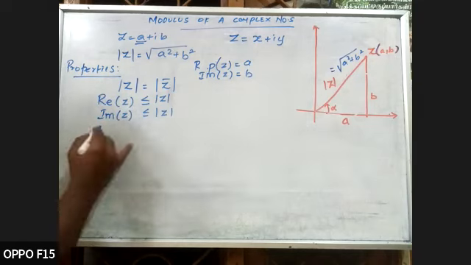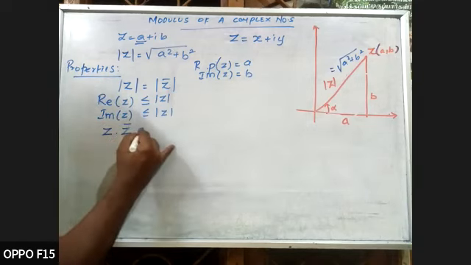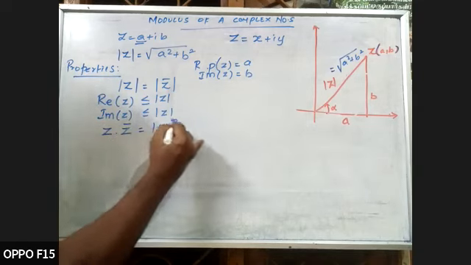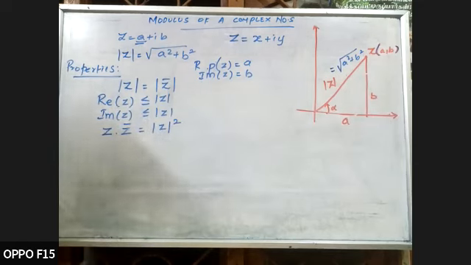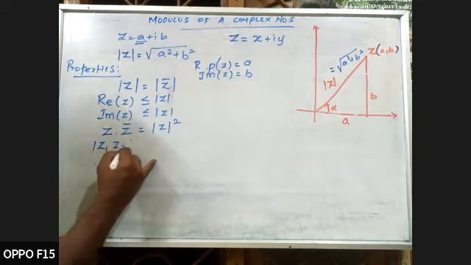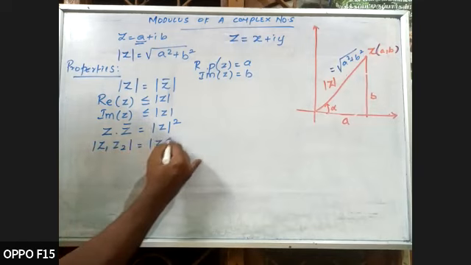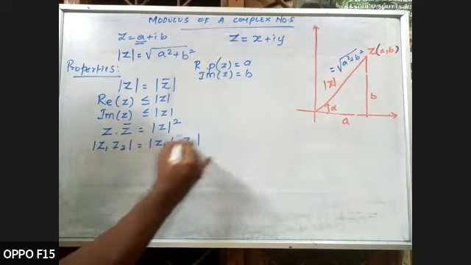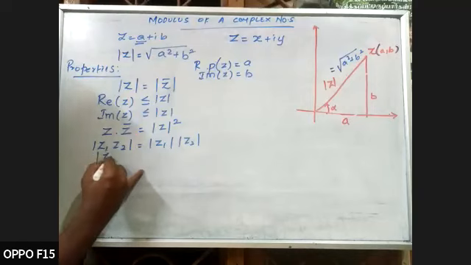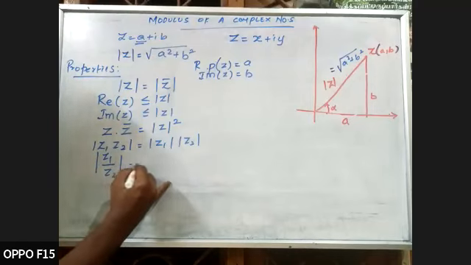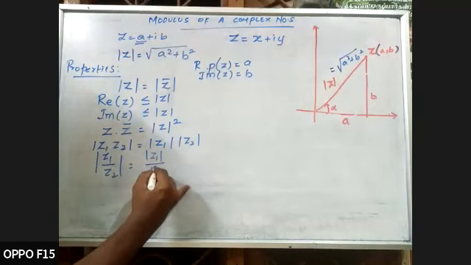The next property, z into z conjugate, you can write this as modulus of z the whole square. The next one, multiplication: modulus of z1 into z2 is equal to modulus of z1 into modulus of z2. Similarly, modulus of z1 by z2, you can write this as modulus of z1 by modulus of z2.